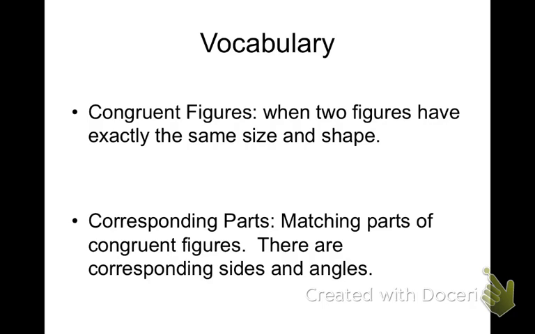So we're going to have corresponding sides, and we're going to have corresponding angles. So when you are asked to list all the corresponding parts, you're going to list all the corresponding angles, and you're going to list all the corresponding sides.